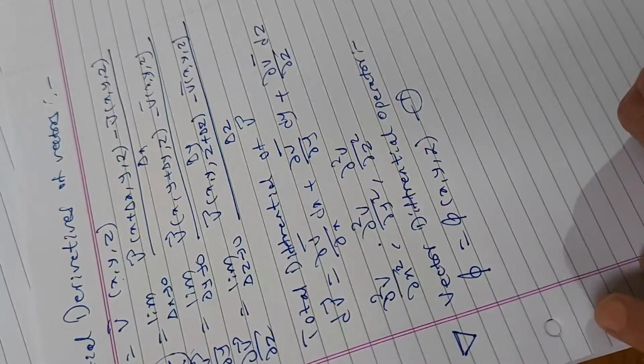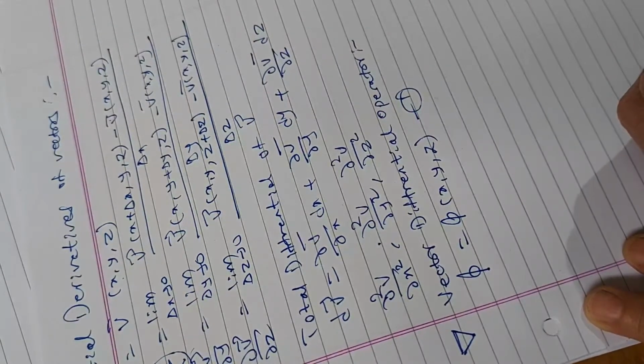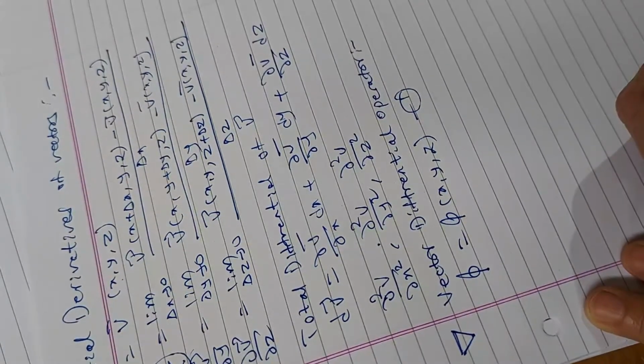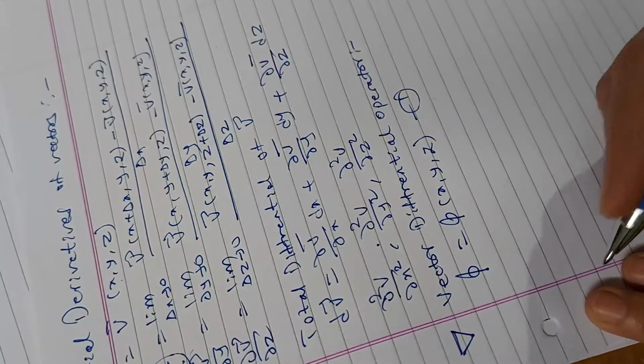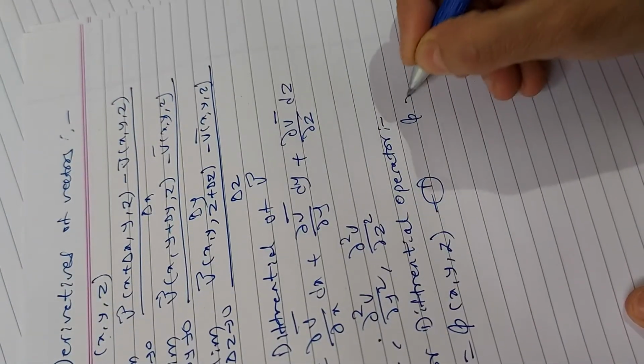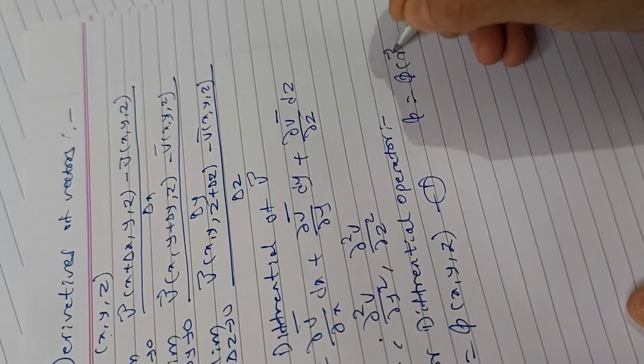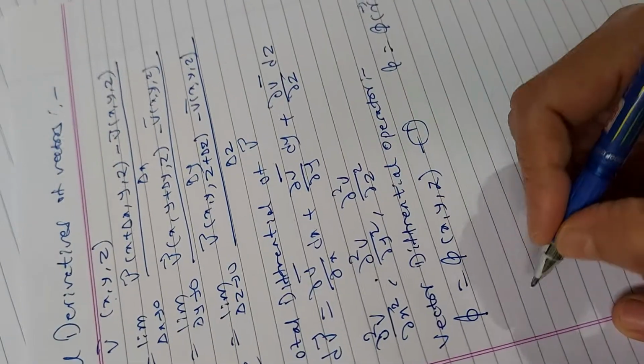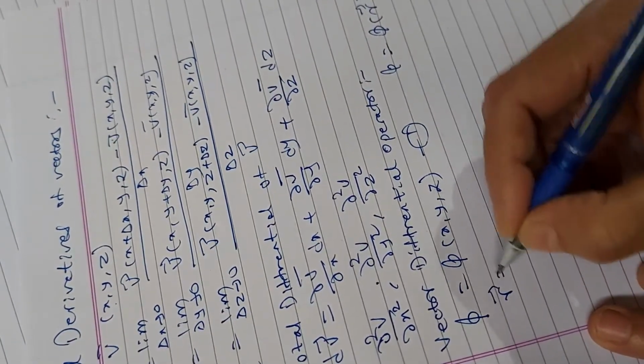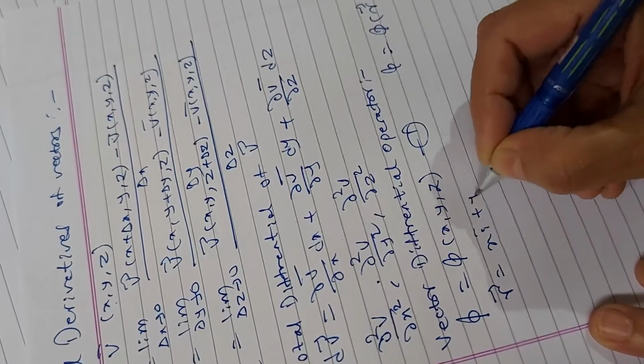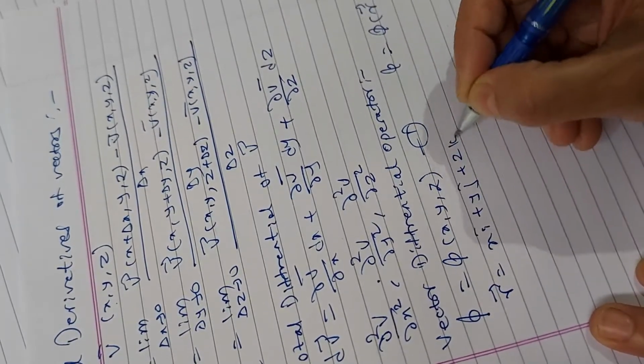Correct? Now phi being a point function, we can write phi equal to phi of r. What is r? I already discussed it in the last topic: r is xi plus yj plus zk.